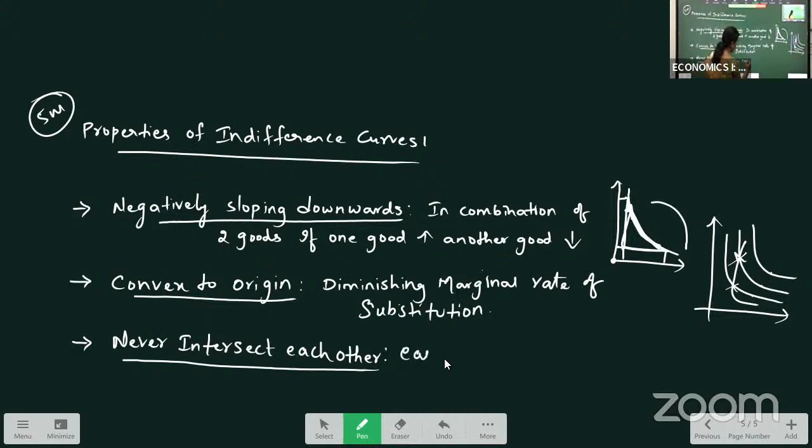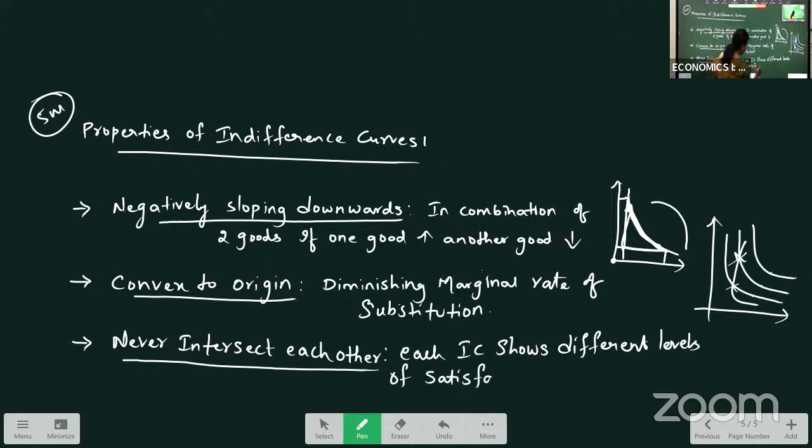Why do they never intersect each other? Because each indifference curve shows different levels of satisfaction.